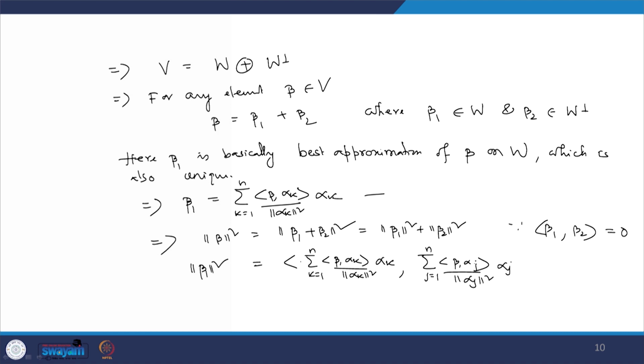If I use the basic definition of inner product and the orthogonality of the alpha's, this will give me the sum of the mod of the inner product of beta and alpha k squared by the norm of alpha k squared only, k equal to 1 to n. You can check as homework that this is correct.